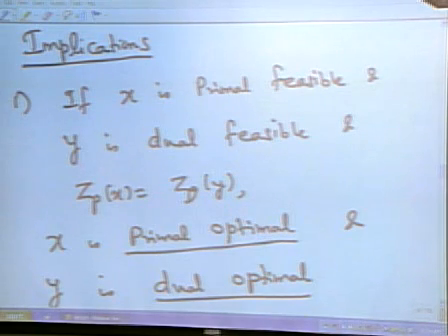So if you find any solution with value 25, that has to be an optimal solution. Do this reasoning with the primal and dual interchanged, and you prove that y has to be optimal for the dual problem as well. So this is the easiest implication, and the proof just uses weak duality.